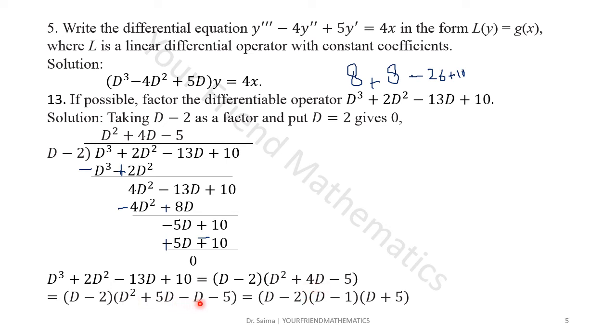So we factorize it, taking D common here, and from here we take minus 1 common, so we get D minus 1, and when we take D from here we get D plus 5, also D plus 5 from here, so the third factor is D plus 5. This way we can factorize the differential operator.